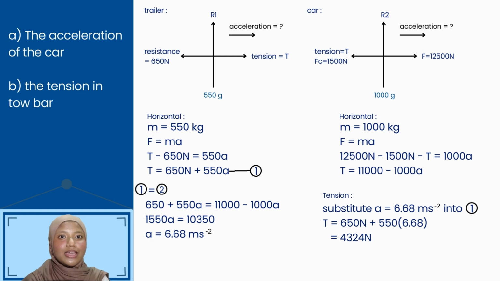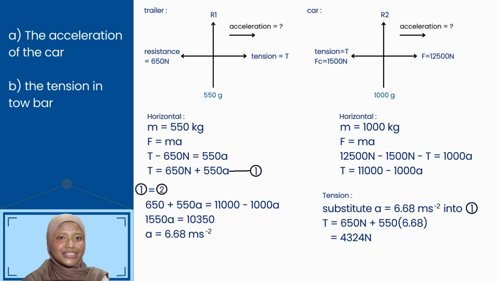Why? Because tension equals tension. So we will get 650 plus 550A equals 11,000 minus 1000A, and we will get A equals 6.68 meters per second squared.